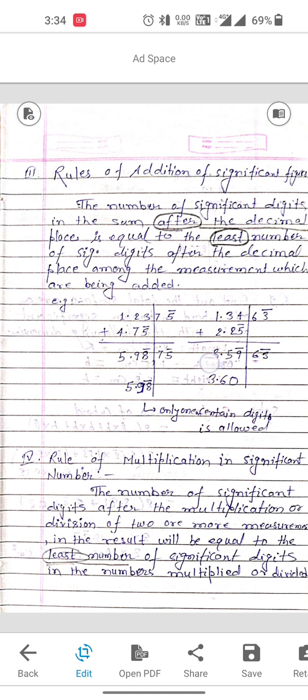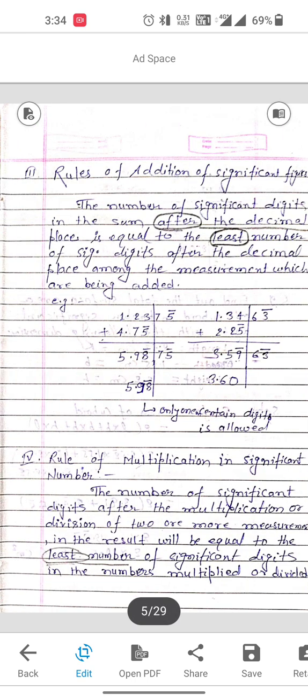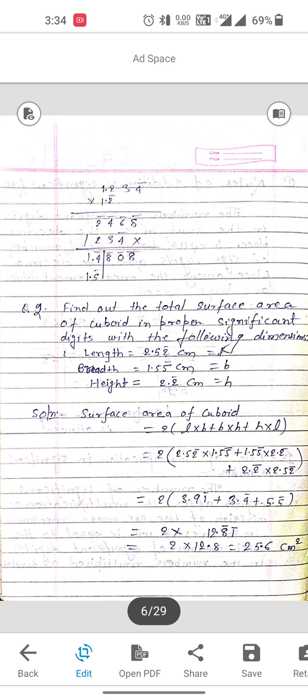Rule of multiplication of significant digits. The number of significant digits after the multiplication or division of two or more measurements in the result will be equal to the least number of significant digits in the numbers being multiplied. Like 1.234 and 1.2.